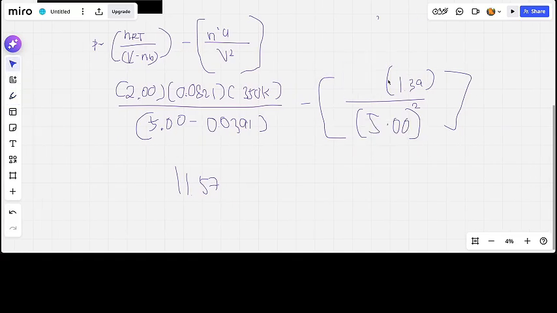Why did I put that there? That's so stupid. So we have 1.39 squared, probably squared. Just a liter squared here.